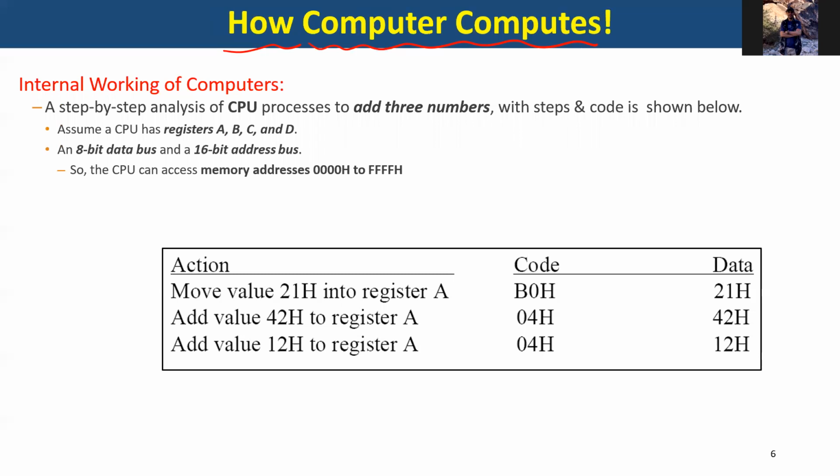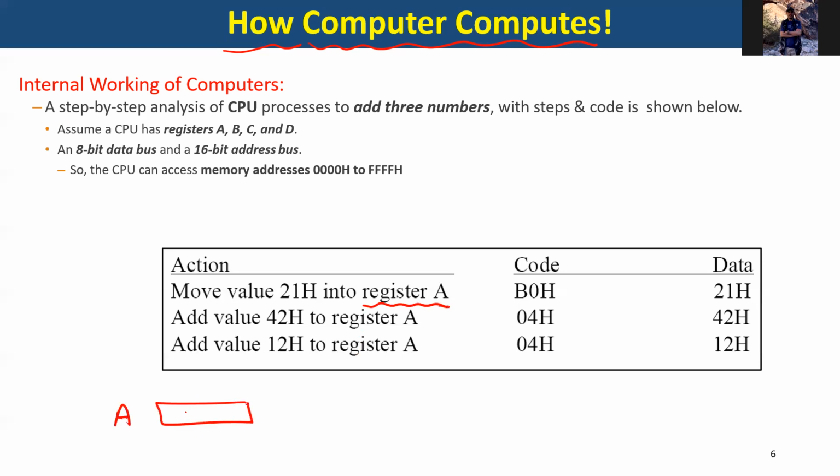So we're gonna continue with our hypothetical processor that has 4 registers, A, B, C, D. And imagine together a program stored in the memory, and this program will basically move some value to a register, then add to this value another 2 values. Basically, what we want to do, we have our register A. First, we're gonna move to this register.